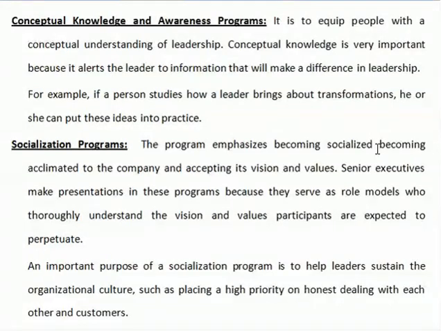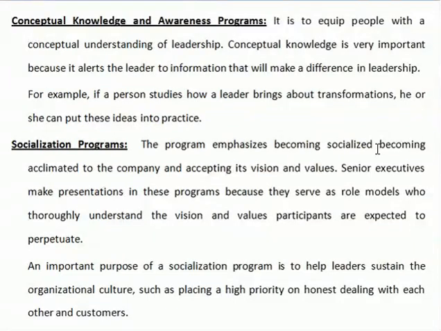Next we have the organization program. This is a type of program which gives more importance to acceptance of any vision, mission, culture or values of the organization, where the senior people, the executives, make presentations on these programs, telling what is expected of participants towards the organization.